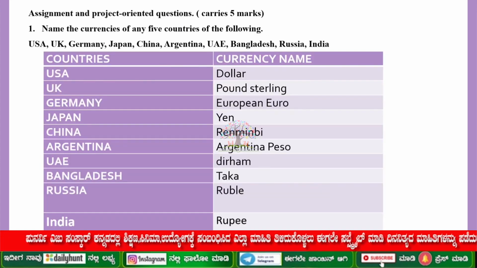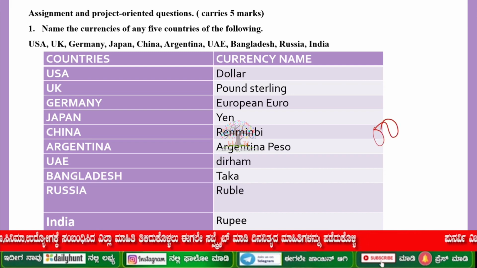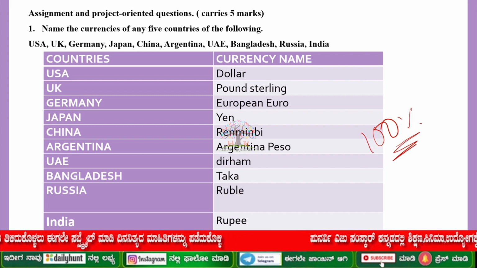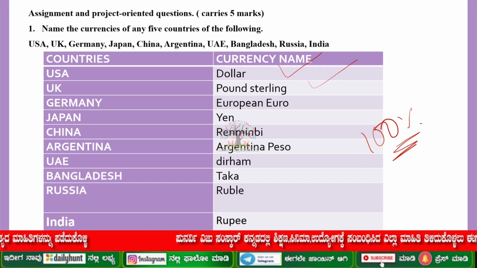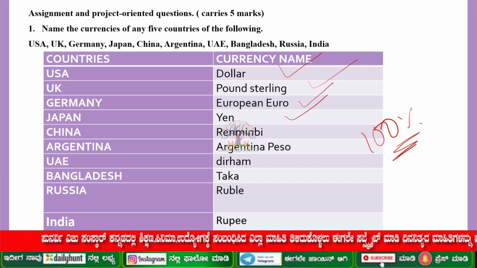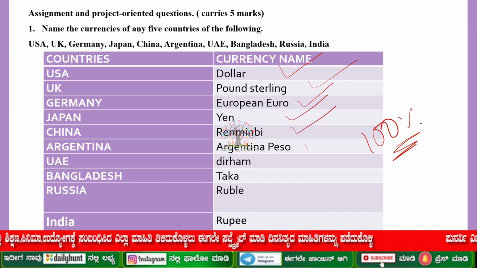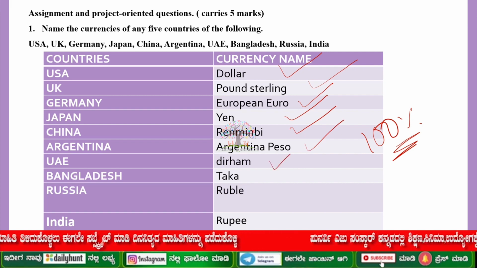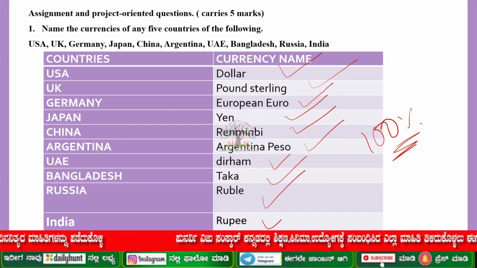Dear students, the last one is this, and even this one you can think of as 100% expected practical oriented question. USA dollar, UK pound sterling, Germany European euro, Japan yen, China renminbi, Argentina peso, UAE dirham, Bangladesh taka, Russia ruble, India rupee.